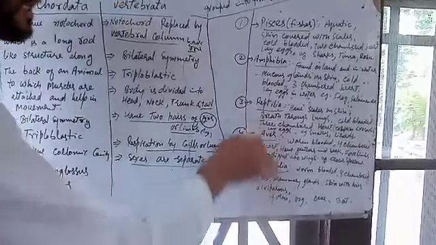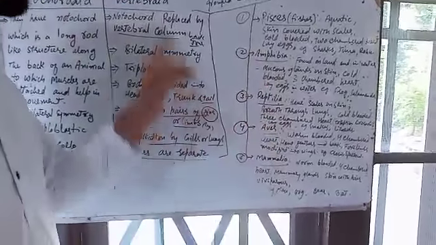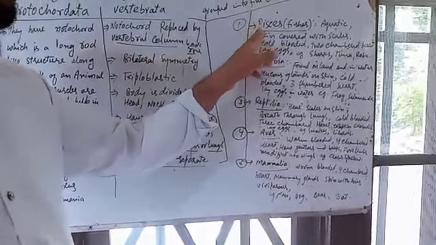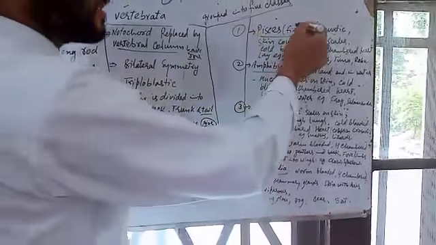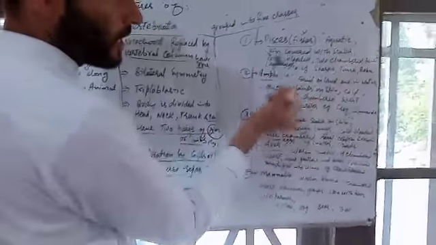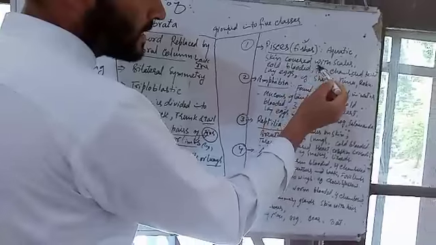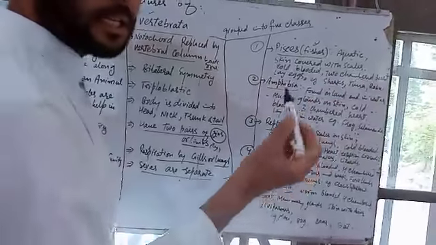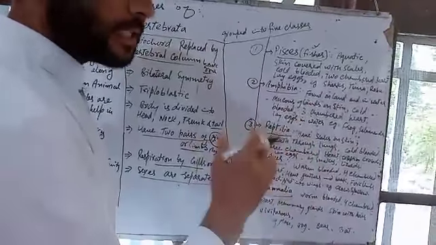These five classes are the classes of Vertebrata. Pisces, or fishes, are aquatic. Characteristic features of fishes: they are aquatic, and the skin of the fish is covered with scales.